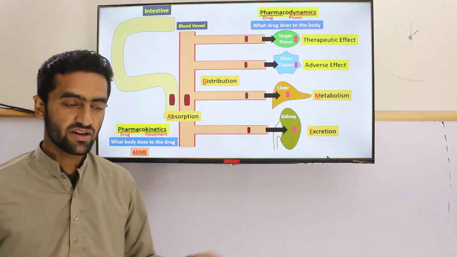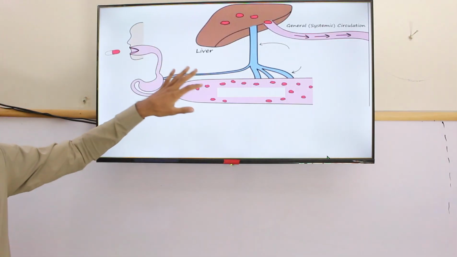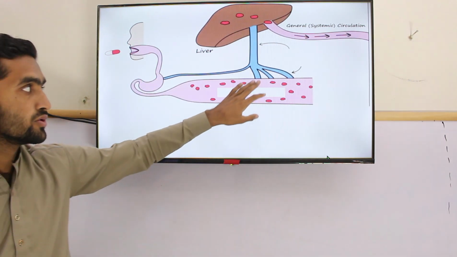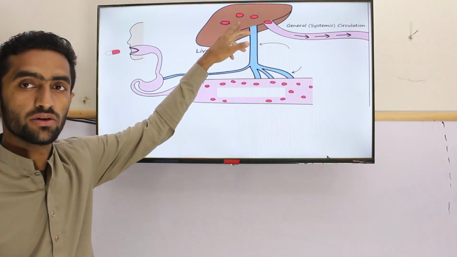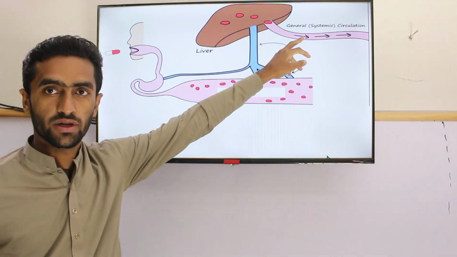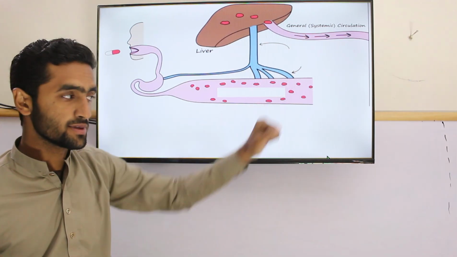So this is the concern of absorption. So just recall your mind. Blood from your stomach and intestine goes into the portal circulation, and this blood goes into the liver. After crossing the liver, it goes into the systemic circulation. So this is our target in absorption.